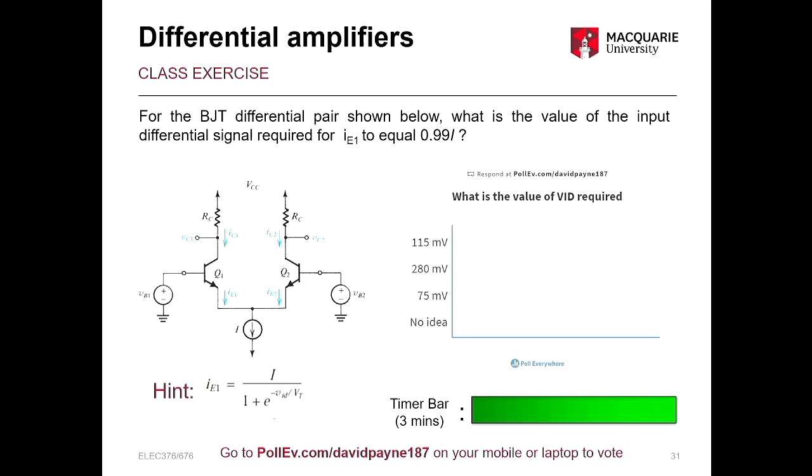Okay, so another class exercise. For the BJT differential pair shown here, what's the value of the differential input signal required to get IE1 to equal 0.99 of I? And you already have a hint right there on the screen.